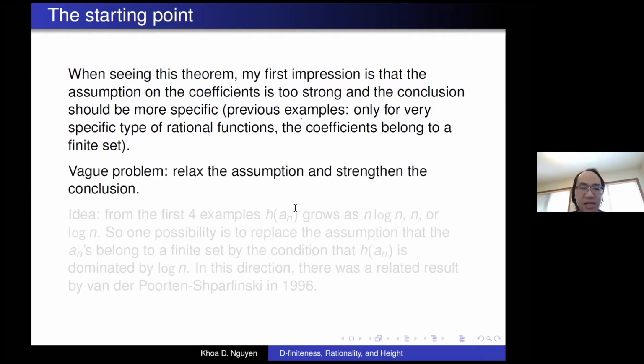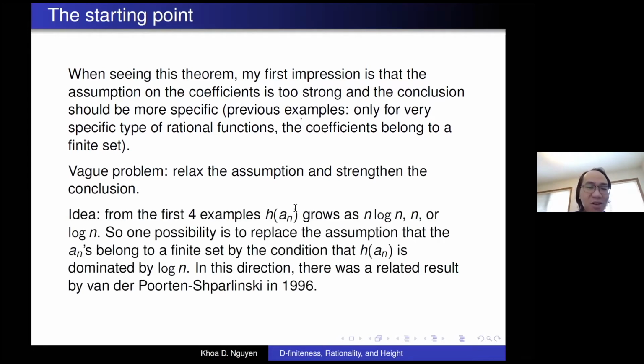And as mentioned before, if you look at the first 4 examples, you see that the height of the coefficients, at least for one-variable D-finite series, grows as either n log n, n, or log n. And after that, they are all O(1).